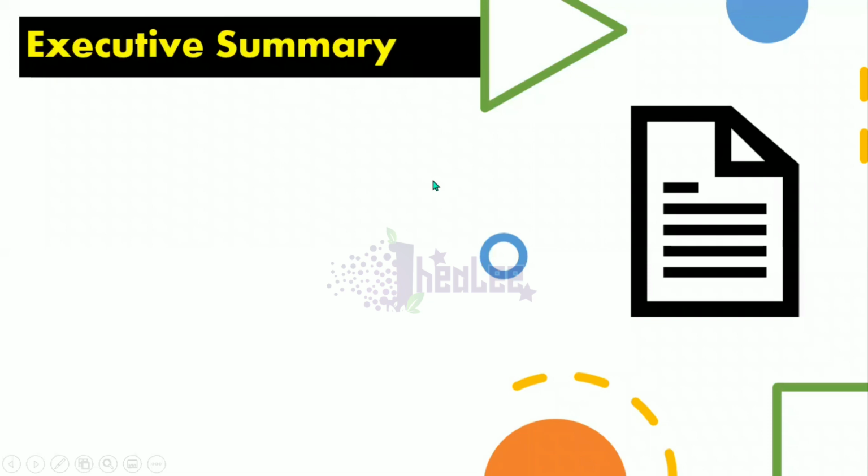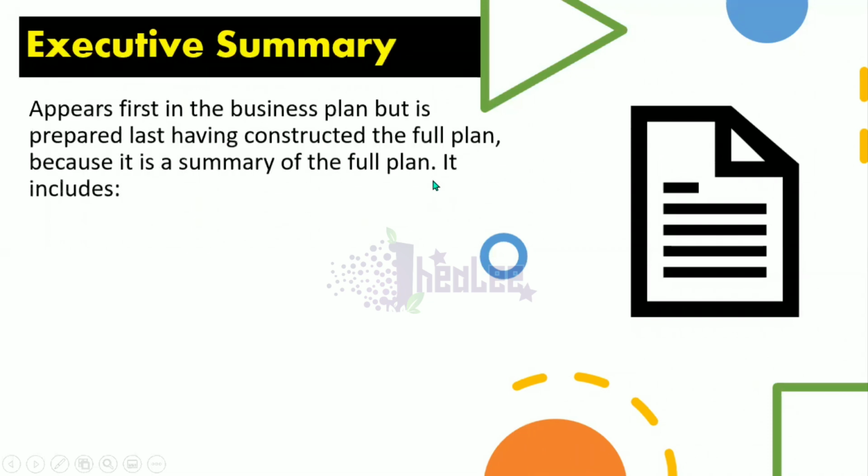The executive summary actually appears first in the business plan, but it is prepared last, having constructed the full plan, because it is a summary of the full plan.